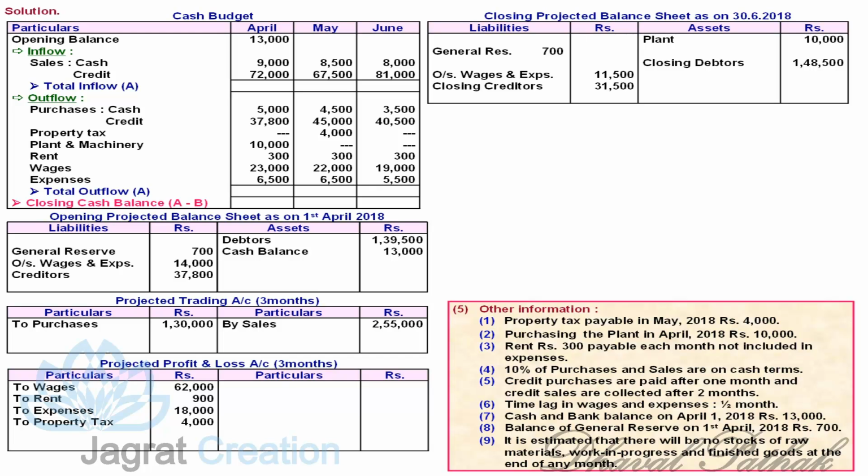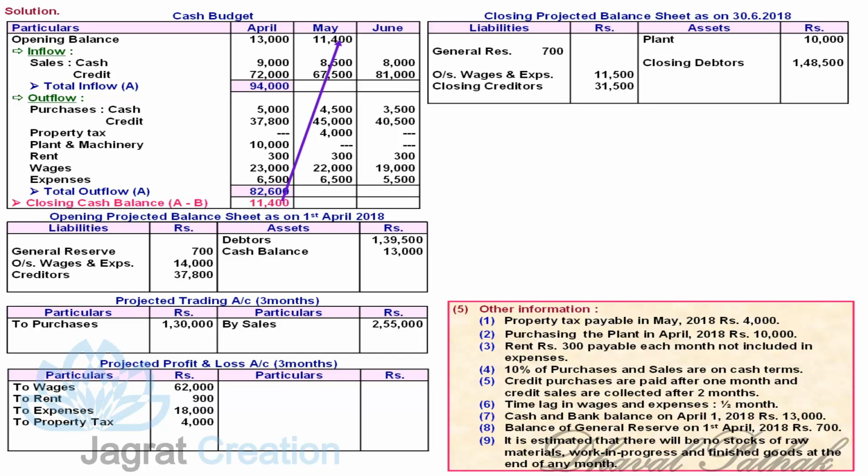5,000, 37,800, 10,000 plus 300 plus 23,000 plus 6,500 is the total payment for April. So total receipt in April 94,000. This is the total of cash outflow for April that I am required to total. That works out to be 82,600. So 94,000 minus 82,600, cash balance will be 11,400.